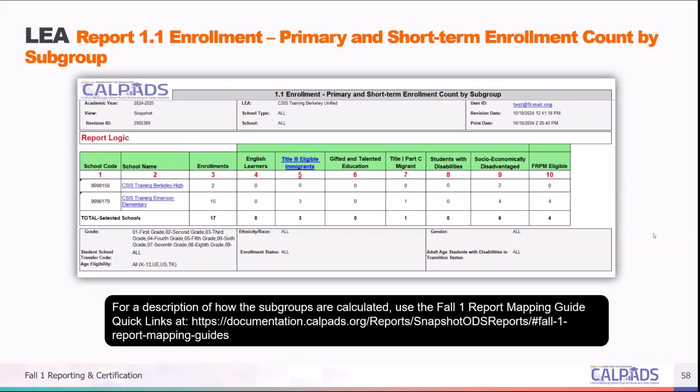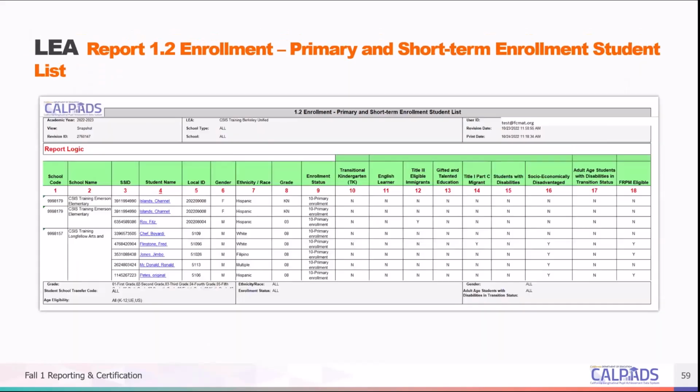So that's report 1.1. Report 1.2 is the same report as 1.1, except it's a student list. And so now you can see the school, each individual student enrolled at that school, their name, their gender, and their race included in this report.